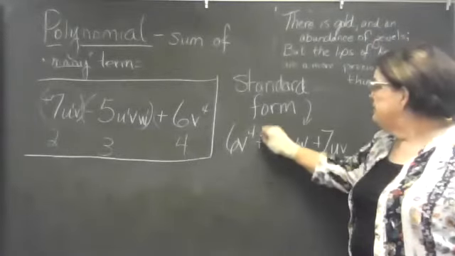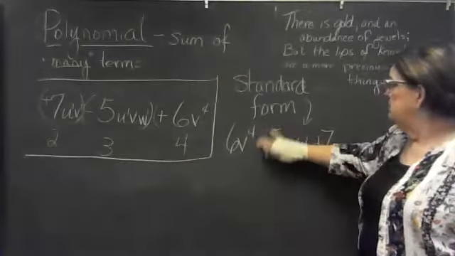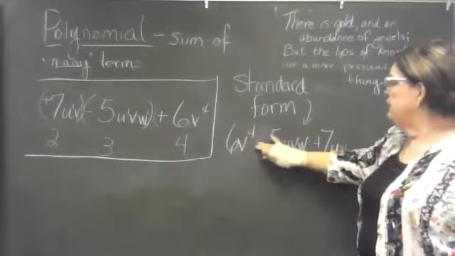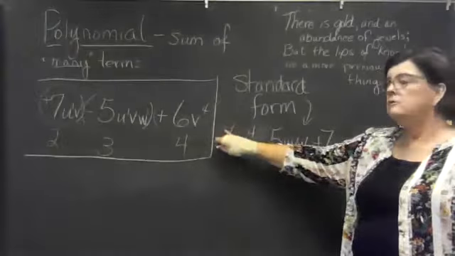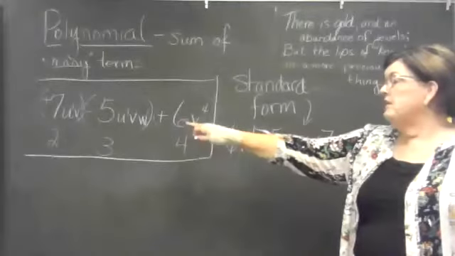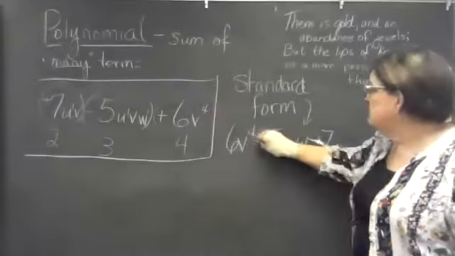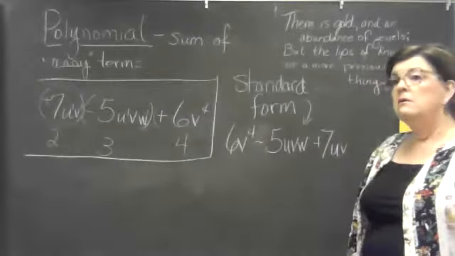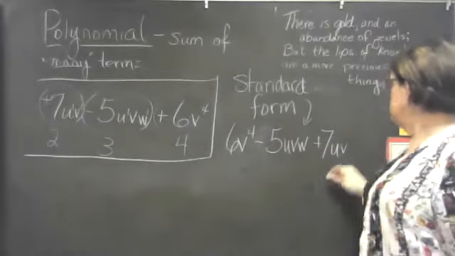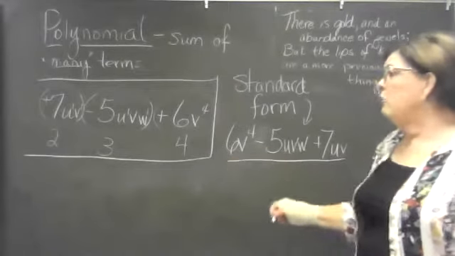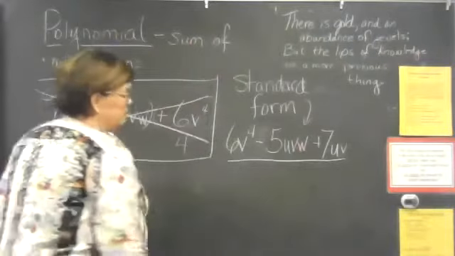You could do this. Would that be better? This is the same thing. But I write down the first one, and it had the plus, so we don't put it on the front. And then I'm ready to write down the second one, so I have to write the minus or negative sign with it. Does it make more sense? I'm really glad you asked questions. Standard form. So now we have this polynomial in standard form.